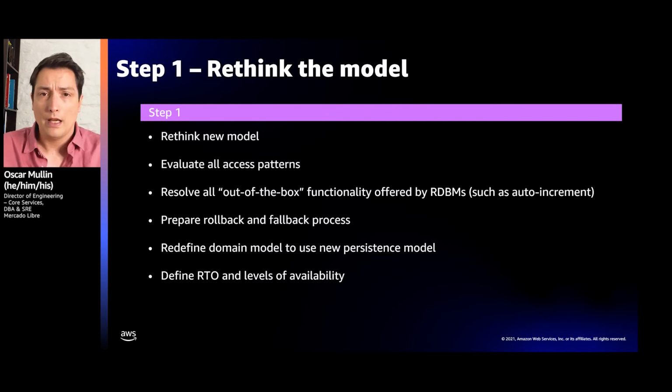You have to be able to have a rollback or fallback process because something can go wrong and you can figure out later when you see inconsistencies or stuff like that. And you have to work with the development team to redefine the domain model to use the new persistent model. This is a change you cannot do without involving your developers or the payment application development at least.